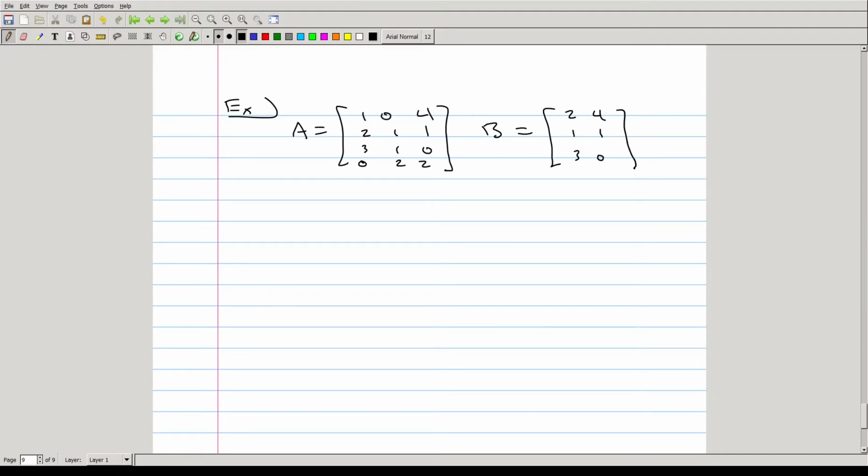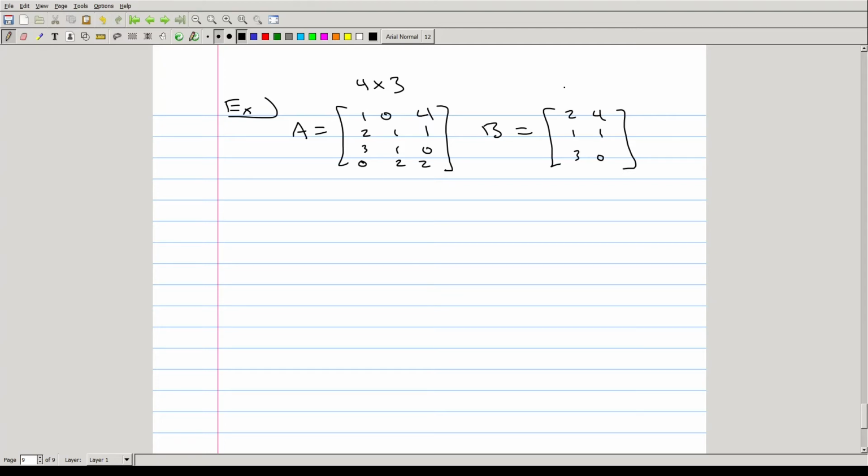So, for example, if A is equal to 1, 0, 4, 2, 1, 1, 3, 1, 0, and 0, 2, 2, and B is equal to 2, 4, 1, 1, 3, 0, A is a 4 by 3 matrix.